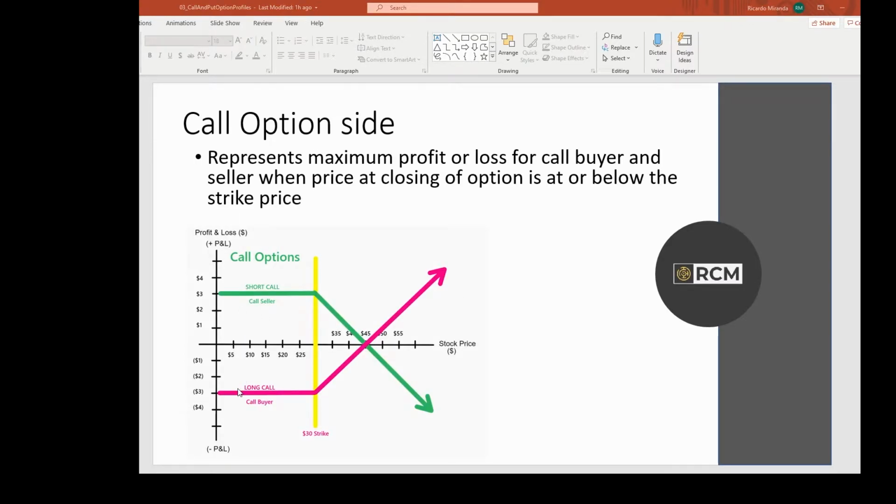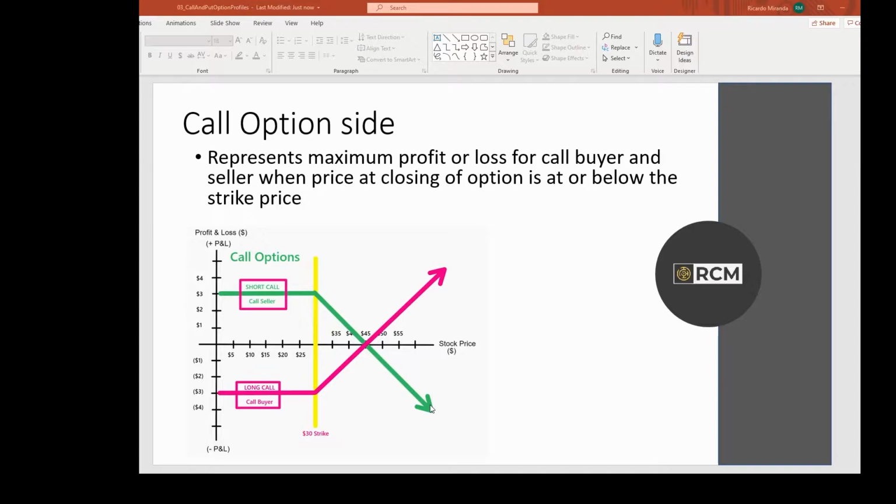Here's the PLL diagram for long calls and short calls. The red profile, this one here, represents the call buyer's position, and the green profile, this one here, represents the call seller's position.